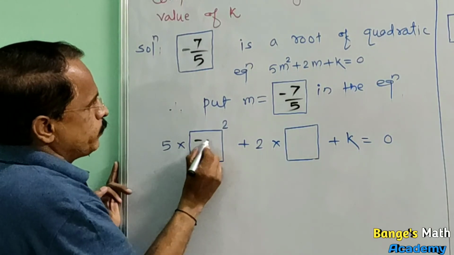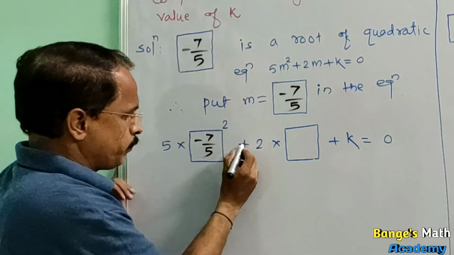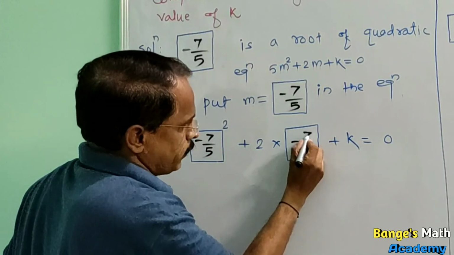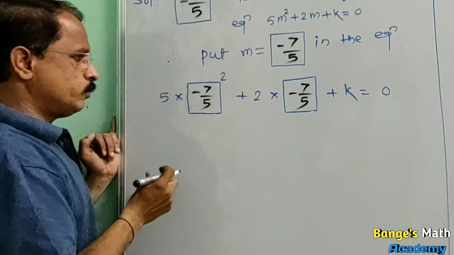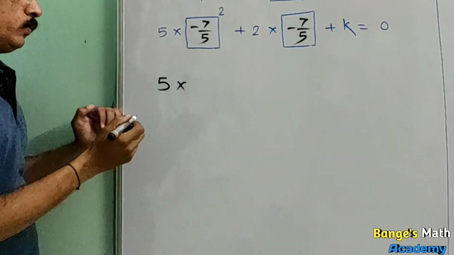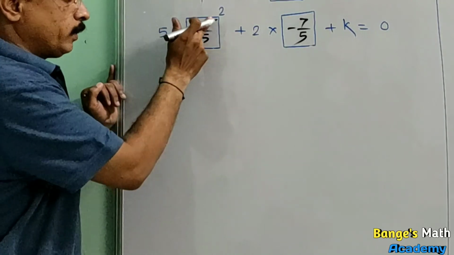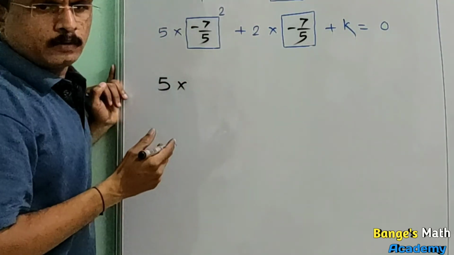5 into minus 7 upon 5 bracket square plus 2 into minus 7 upon 5 plus k is equal to 0. Simplify this. 5 into square of minus 7 upon 5. Square of a negative integer is positive.